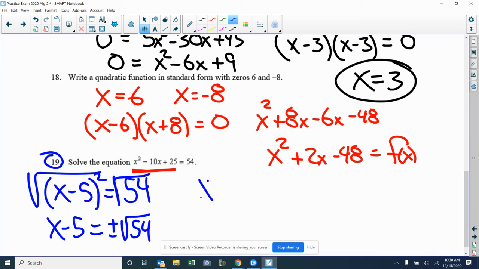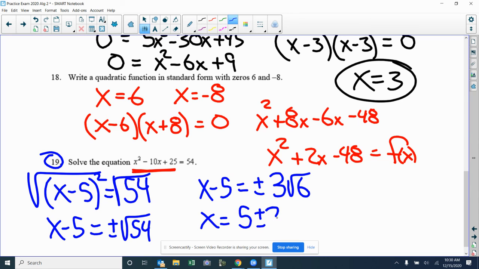So now we're down to x minus 5 equals plus or minus 3 square roots of 6, right? 9 times 6. Almost done. Just take the 5 over. It's going to be positive 5 on this side, plus or minus 3 square roots of 6. Some irrational solutions to that quadratic.